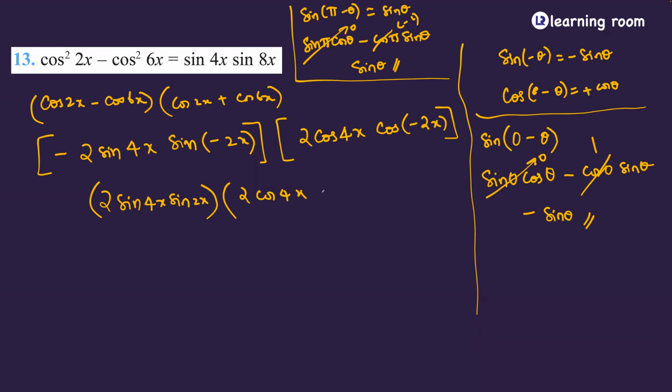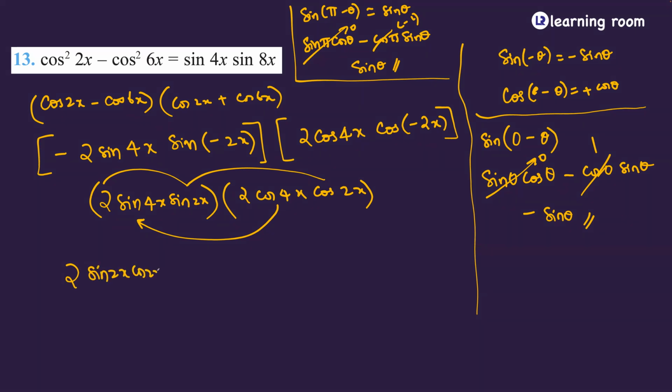So you will get cos of 2x. Now what do you need to search for? 2 sin 2x should be combined with cos 2x. Similarly, 2 cos 4x should be combined with sin 4x. So split and write them: 2 sin 2x into cos 2x into 2 sin 4x into cos 4x. So 2 sin 2x cos 2x.